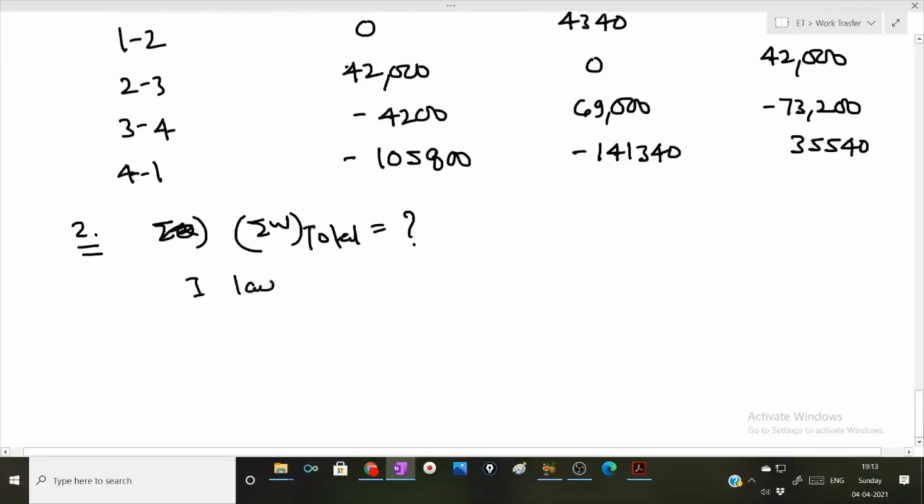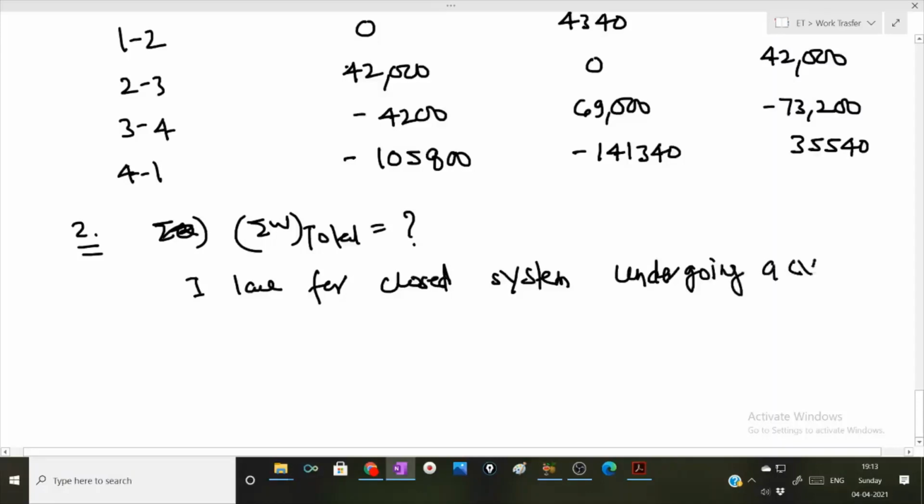Let us apply the first law for a closed system undergoing a cycle.